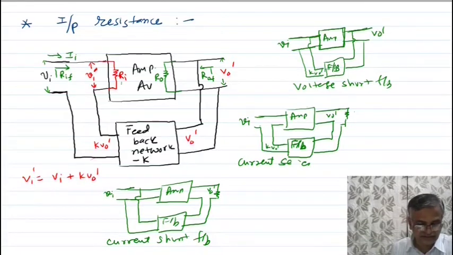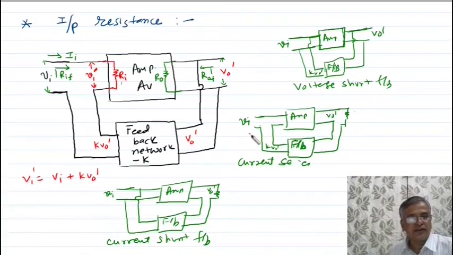Now let me discuss the topic. This you already know, so I am erasing this. Again I am telling you, for voltage series feedback and current series feedback, your effective input resistance increases, meaning Rif is more than Ri for this network and this network.